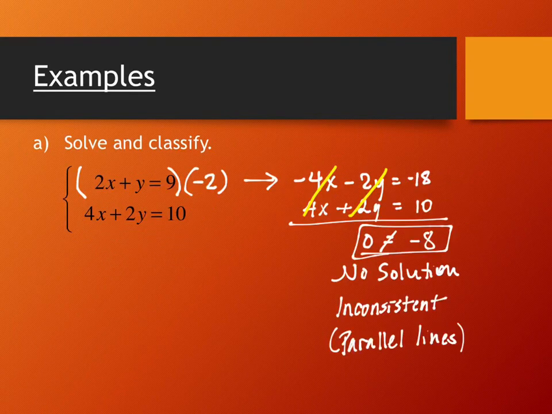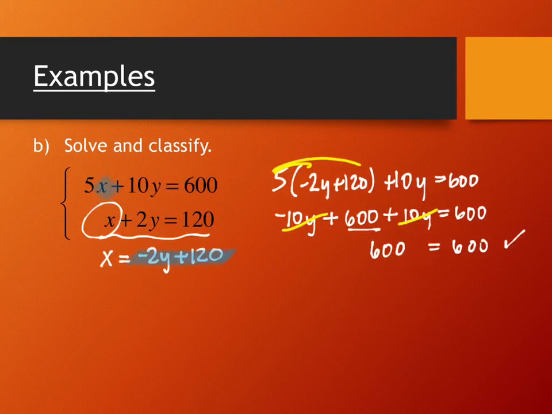On the problem before, when I eliminated all my variables, I ended up with an equation that's not true. 0 did not equal negative 8. Here I end up with an equation that is true. Now, if you subtract the 600 from both sides and it results in 0 equals 0, that's fine. It's still a true statement. When that happens, whether it's done by substitution or by elimination, it means there are infinitely many solutions.